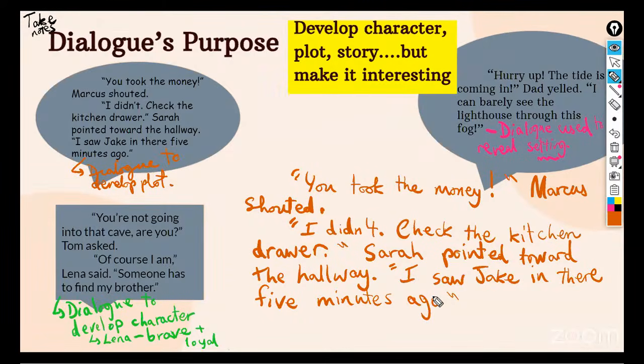All right, so you're taking on the example and you make sure you write dialogue to develop plot, right? If you have questions, please say. 1 more minute at most, okay?